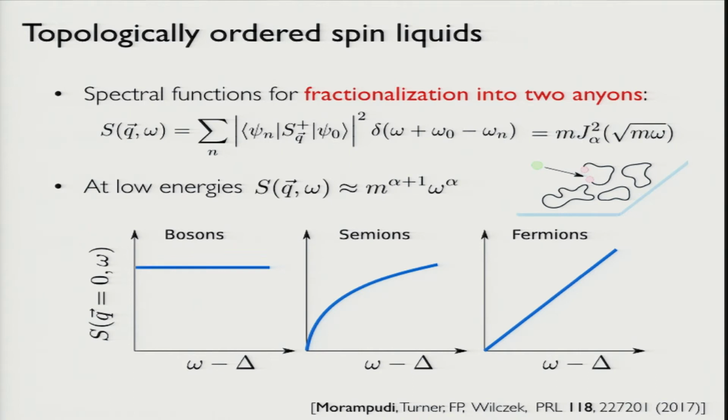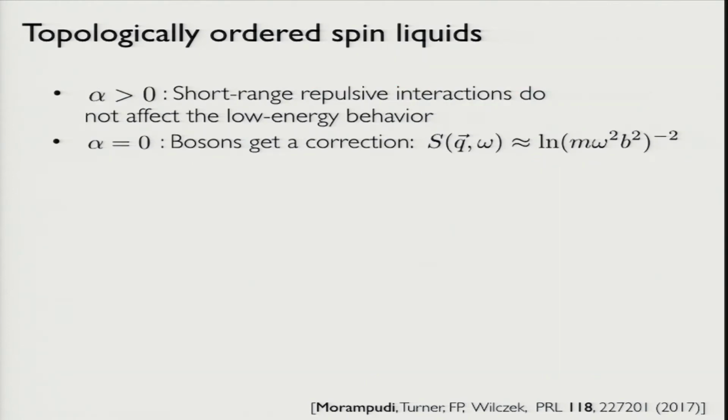So what we find is that, at least if we start from a system of non-interacting anyons, near threshold, right above the onset, the spectral weight scales depending on the statistical angle. Alpha here is the statistical angle that I showed before divided by pi. So this was the answer for a system of non-interacting anyons. But generically, we will have some interactions.